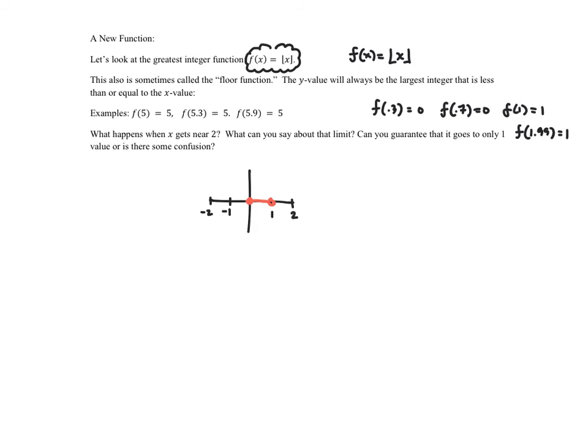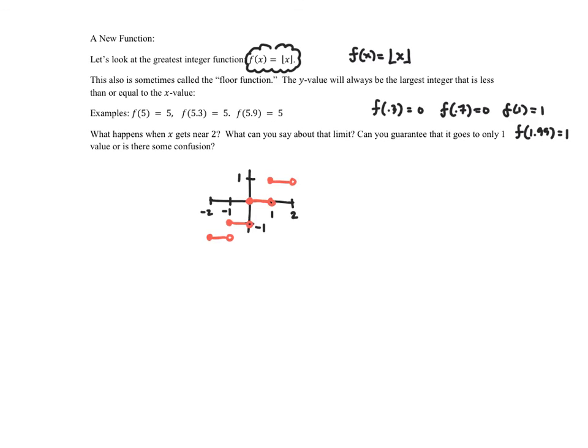Any number that is greater than or equal to 1 and less than 2 will round down to, excuse me, to 1. Any number here that is greater than or equal to -1 and less than 0 goes to -1, and you can see how the pattern will continue.